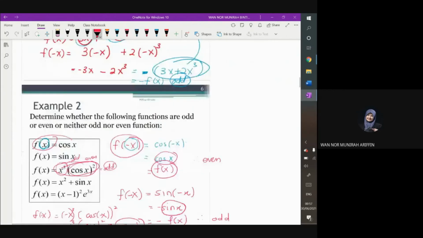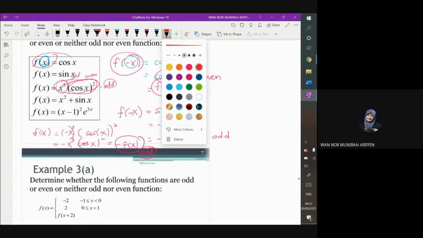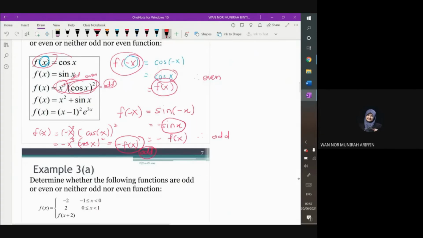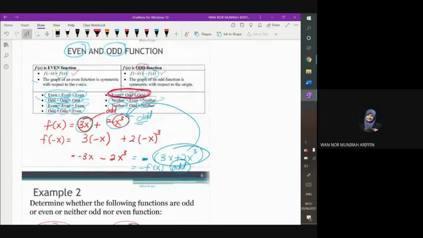So the rest will follow. For this example, you can try. This one is even, and this one is odd. So even plus odd, what do you get? From this one, you get the idea. Even plus even, odd plus odd, even times even plus odd.